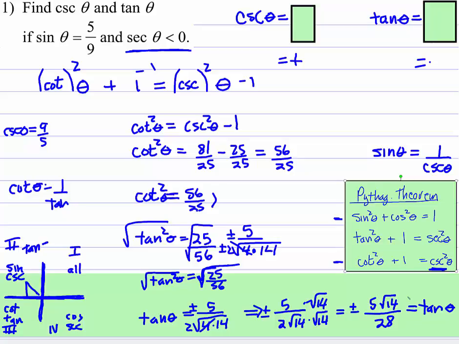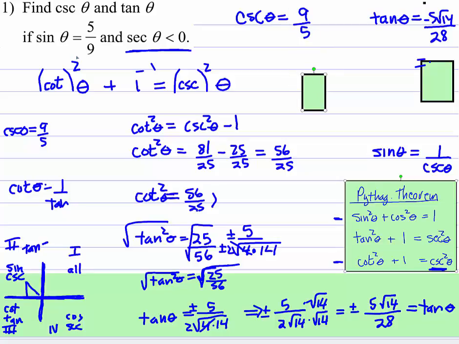But we're talking about the second quadrant, and in the second quadrant tangent is negative. So tangent is equal to negative 5 root 14 over 28. And cosecant we had already solved earlier, because it's just the inverse of the sine. There you have it. You could have just as easily used the first Pythagorean theorem. All right, that's it for this video.